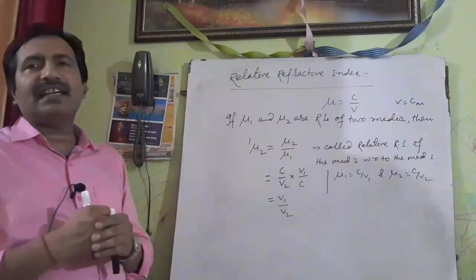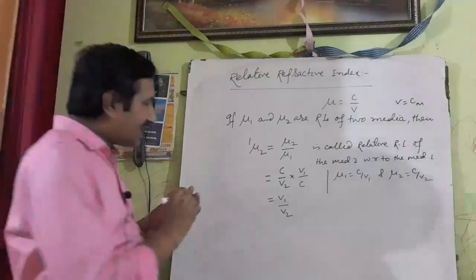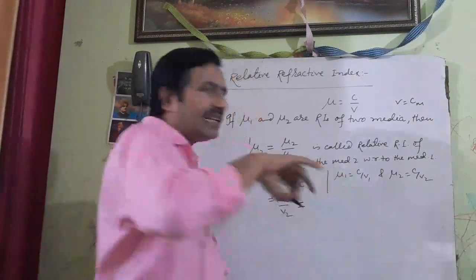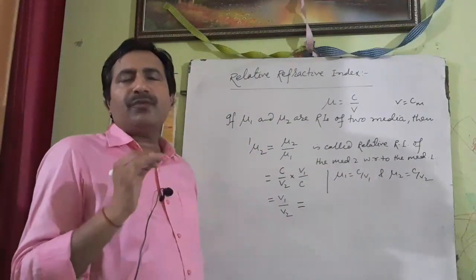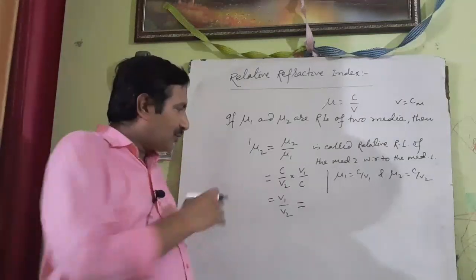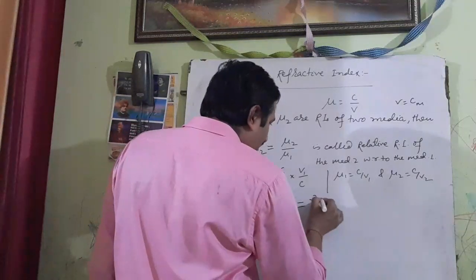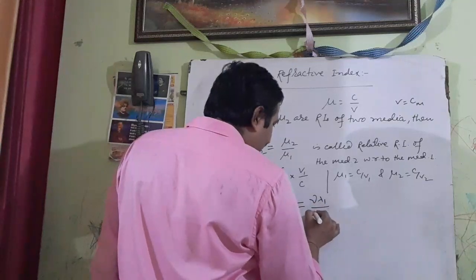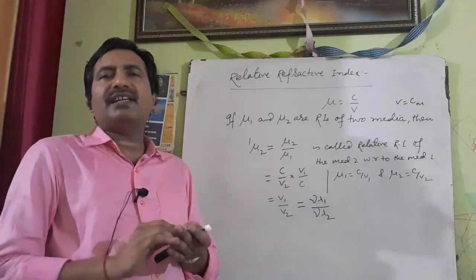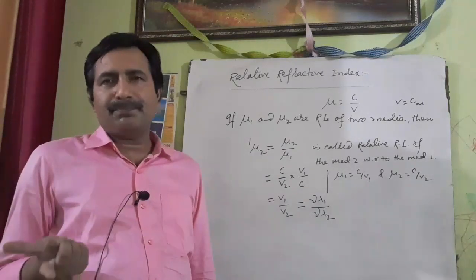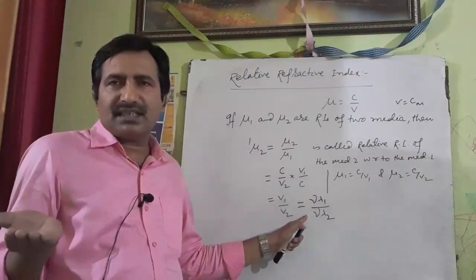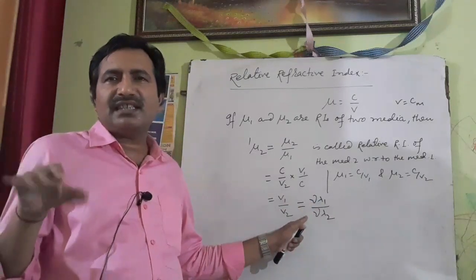After knowing about relative refractive index, we can express this V1 and V2 in terms of the wavelength of light. You know V is equal to nu lambda. You already learnt V is equal to nu lambda in class 9. So V1 can be written as nu lambda1 and V2 can be written as nu lambda2. As the frequency never changes with change in medium, nu will remain the same, but the wavelength changes to cause a change in the velocity.